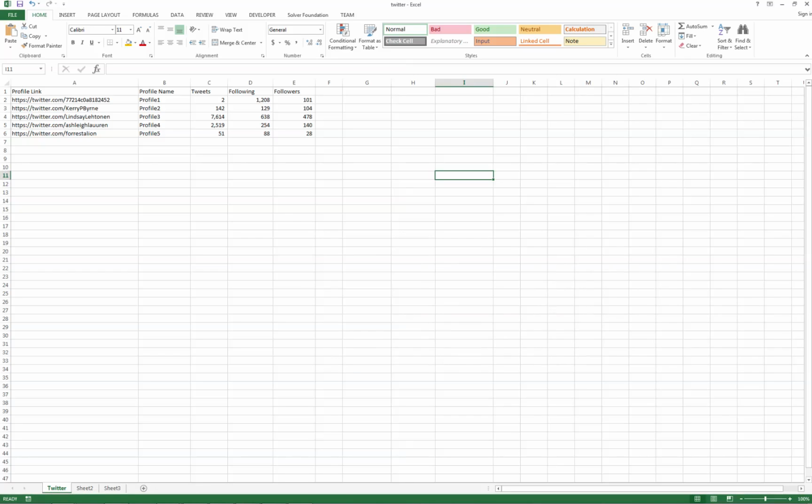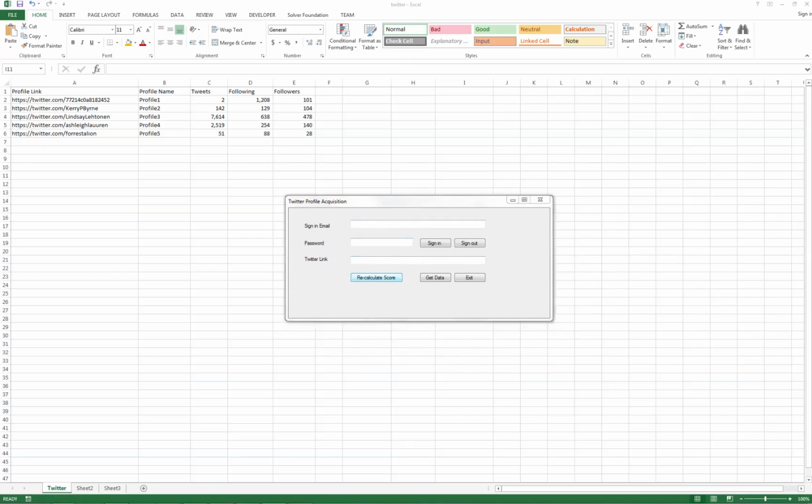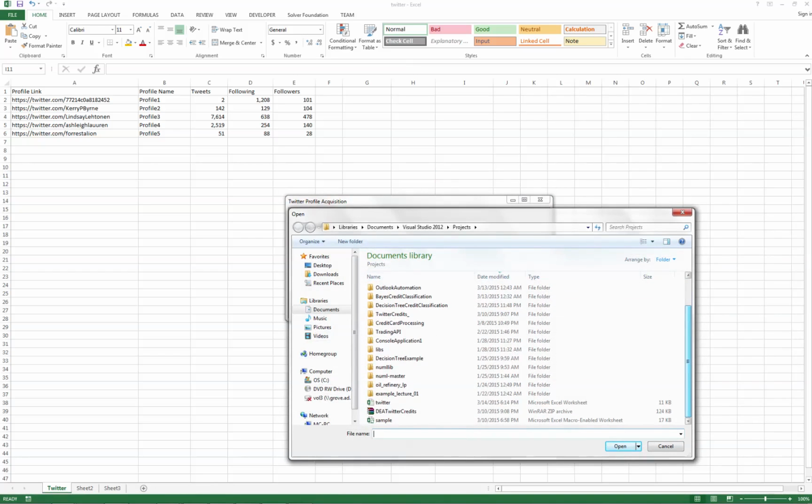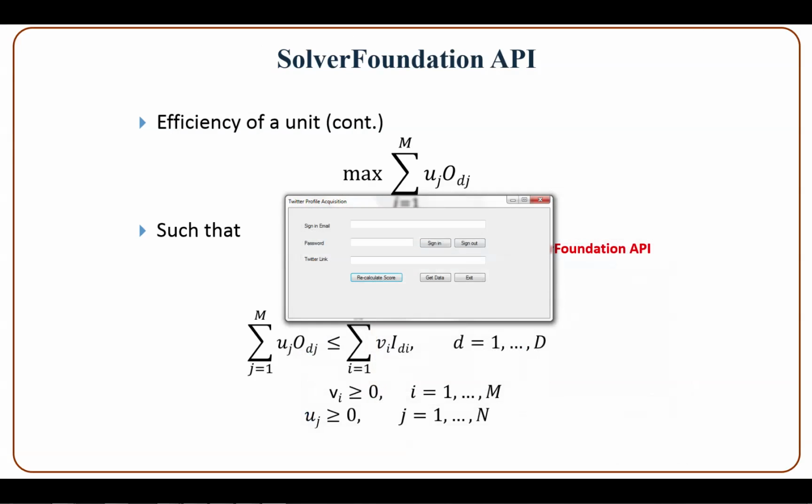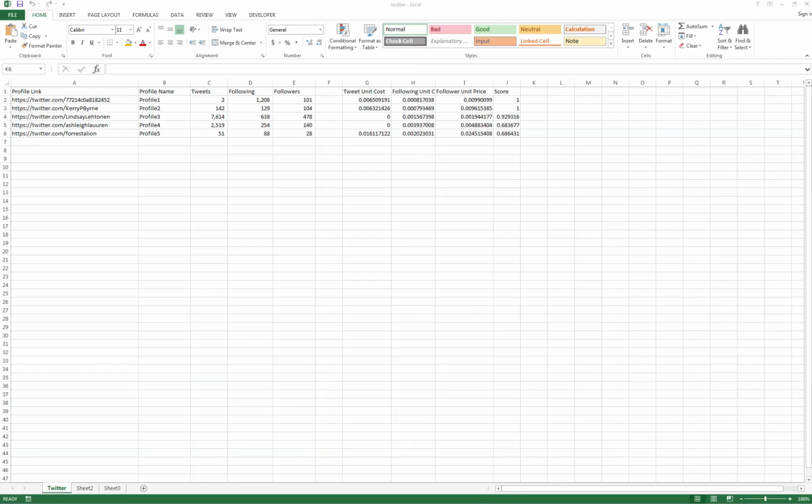So you run the application and look for the file. When the application finishes, it displays a message saying done. And then you open the file and look at the score, the efficiency score.